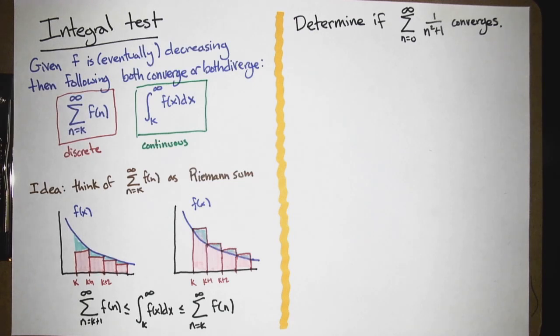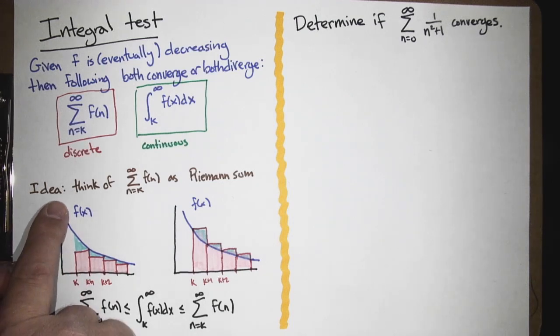Now, for any interval, I have to pick the height for that rectangle, because Riemann sums are about adding up areas of rectangles. Well, I can either choose the left end, or I can choose the right end.